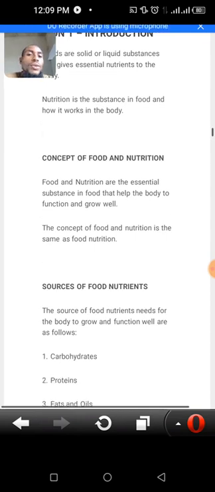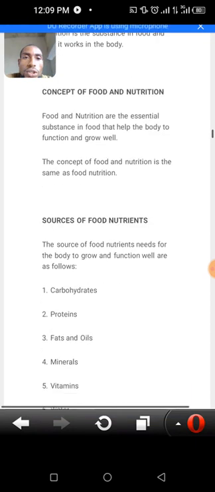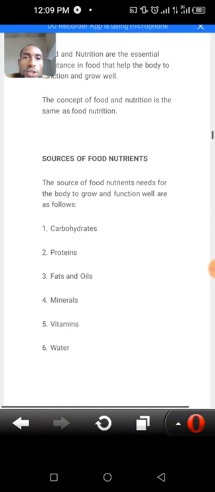So the concept of food and nutrition is the same as what? Food nutrition. I also call it food nutrition. That is the amount of food that we take into the body for our body to grow perfectly well. They are what? Food nutrition. Right? So, let us look at the sources of food nutrition. That is, how do you get this food nutrition?